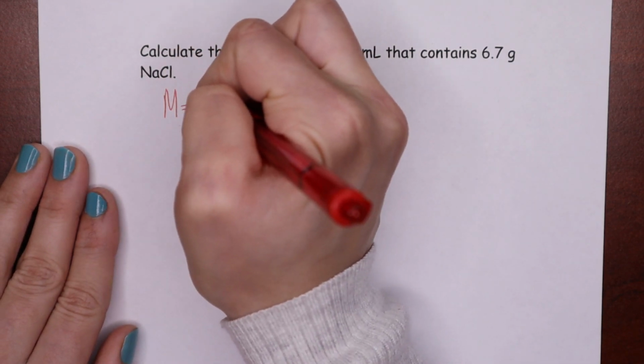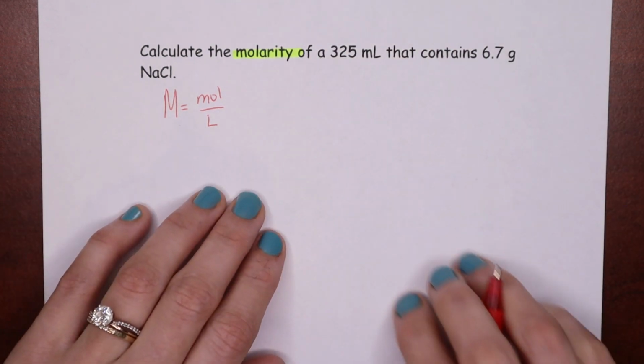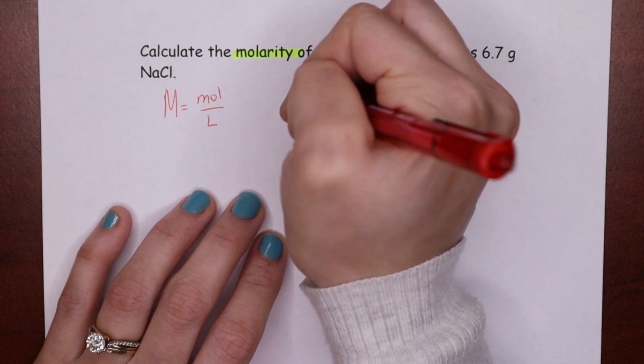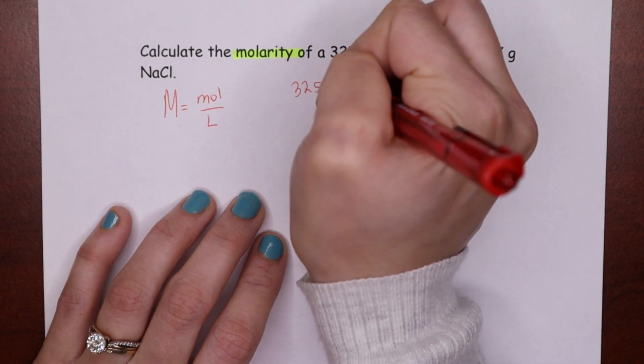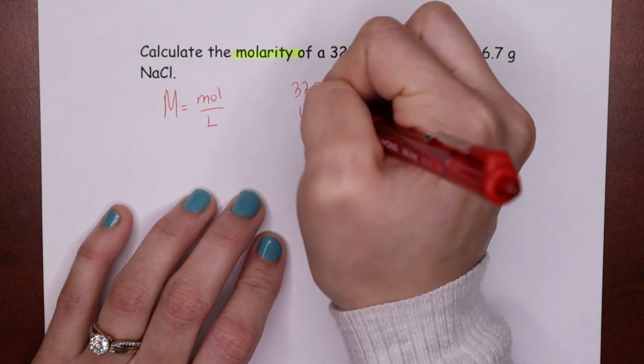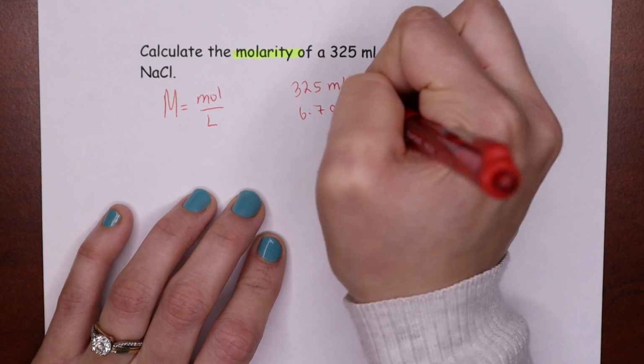Molarity equals moles over liters. Then let's see our givens. Our givens are 325 milliliters and 6.7 grams of sodium chloride.